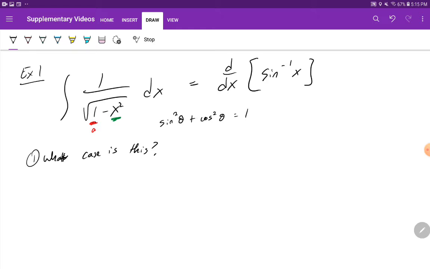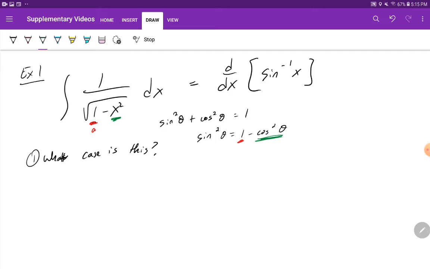If I move the cosine over to the other side, I get sine squared of theta is equal to 1 minus cos squared theta. You can see it kind of matches up here: the 1 could represent the a, and the cosine squared can represent the x squared.